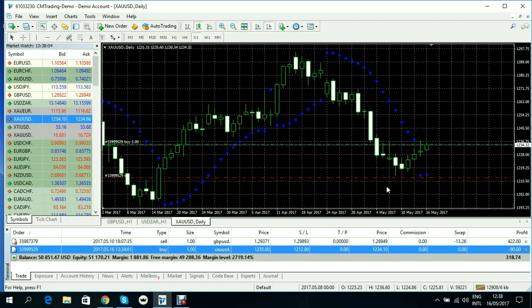So the trick with the parabolic SAR is that when you place a trade, you need to exercise a lot of patience to wait on each dot here, because this is the daily time frame. So each dot here represents a day, a whole day, each dot.